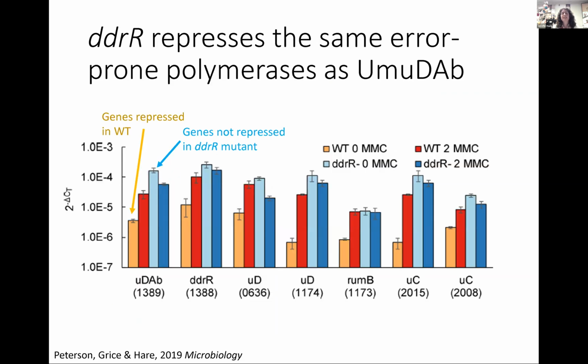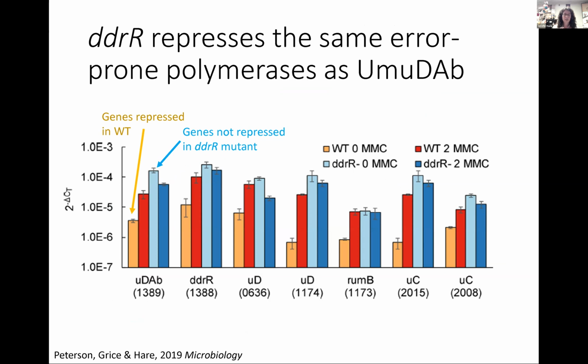What we found is that DdrR represses the same set of genes as UmuD-AB. If UmuD represses it, DdrR represses it. If UmuD-AB does not repress a gene, DdrR does not repress that gene either. So they really seem to be working together.